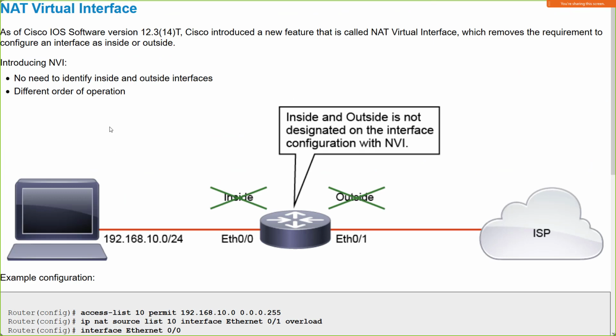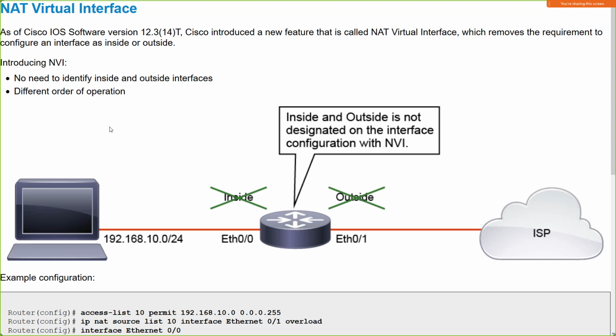Now, in the past, when you set up NAT, there was a very specific configuration process that you had to go through. And that involved specifying which interfaces are on the inside of the network, which interfaces are on the outside of the network, and then setting up your policy, which you still have to do, by the way, but setting up your policy to say this is how NAT is going to take place. All right.